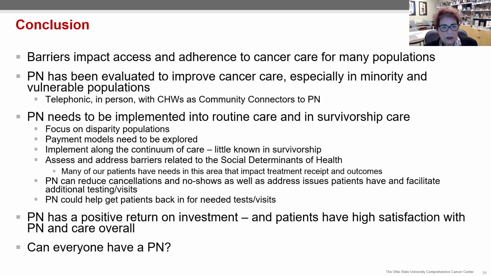Patient navigation needs to be implemented in routine care and in survivorship care with a focus on disparity populations. Payment models need to be explored, including how we can really implement the CMS rule. It can be implemented along the cancer continuum. We don't know as much about it in survivorship care, but it can be utilized there.